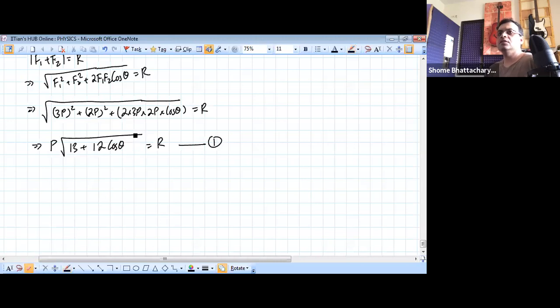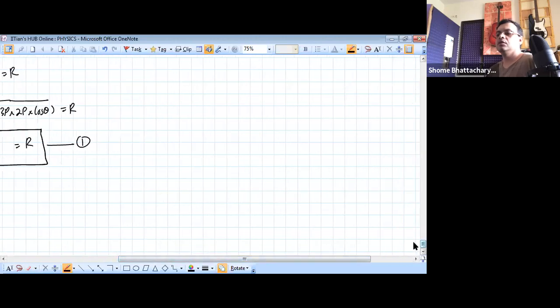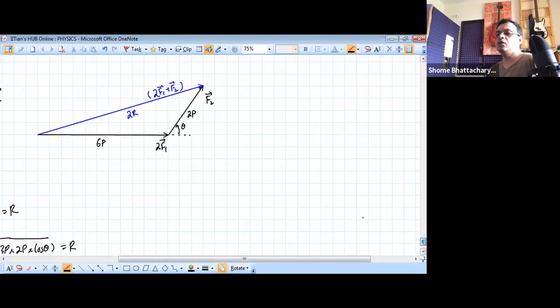Now likewise, we can convert the information given in the second triangle into an equation. Just like we've got an equation for the first triangle here, we can convert the second triangle into a similar kind of equation, but similar, not exactly the same.